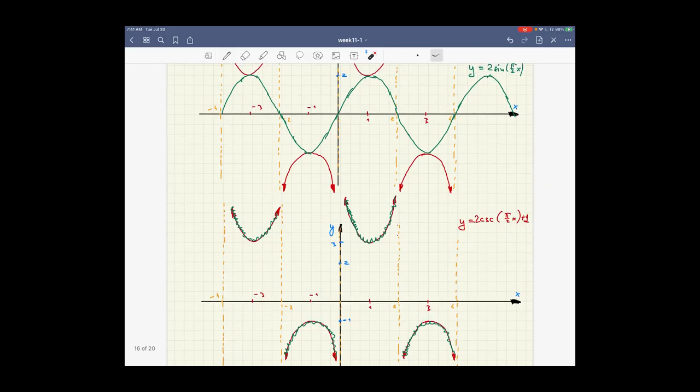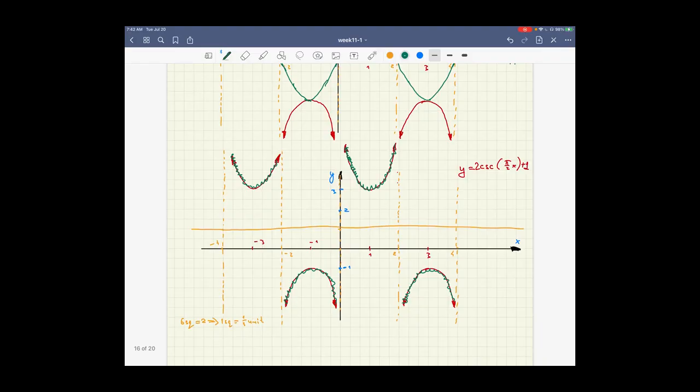And the corresponding sine function will have its midline at 1. Let's use a different color.